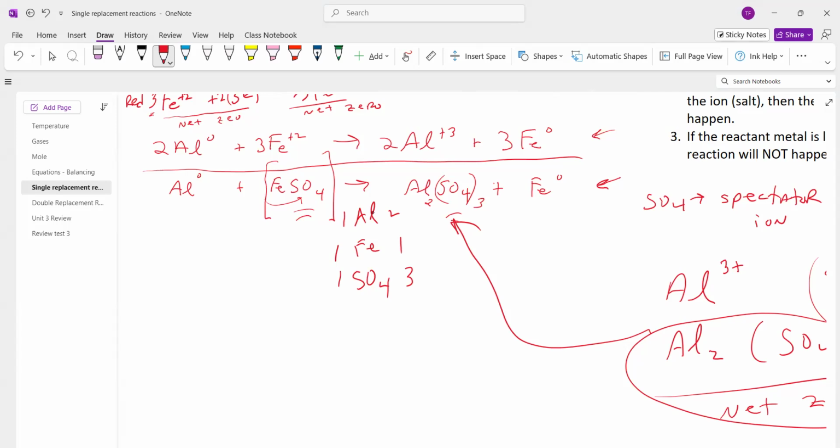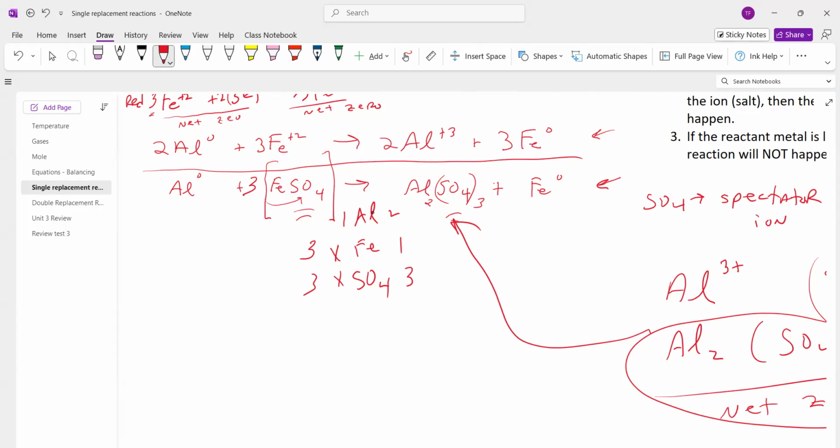So let's look at this here. If we take and multiply this by 3, that's going to kick the iron up to 3 and the sulfates up to 3. All right. So is it balanced? No, it's not. Okay.